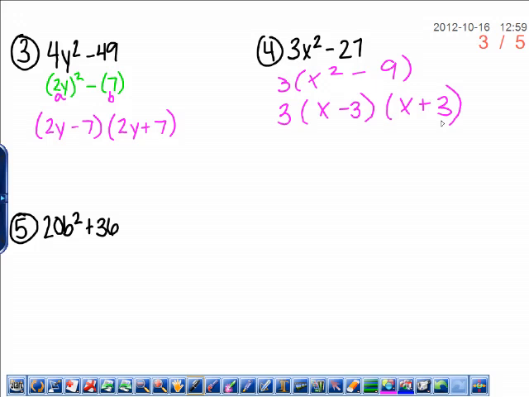Any other questions about that? All right, look at 5. 20b squared plus 36. Okay, and what would our greatest common factor be? Yeah?